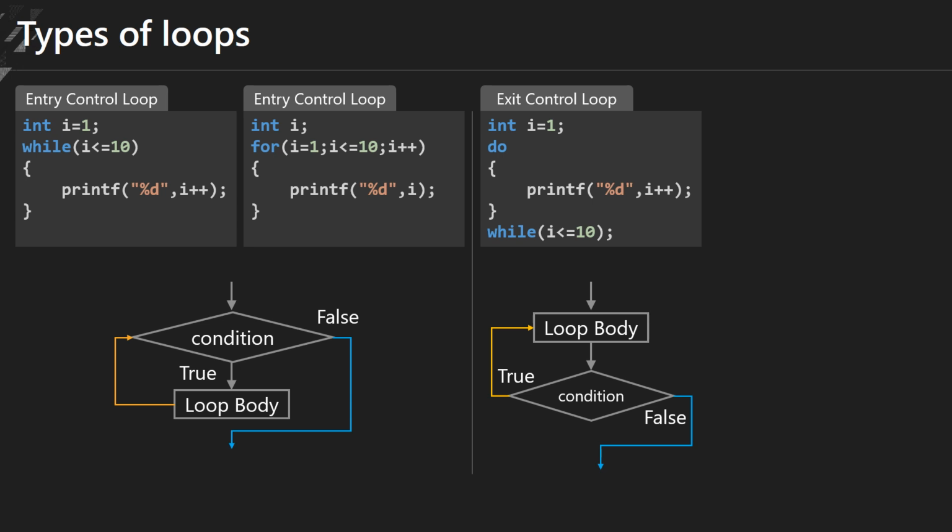Look at this. The loop body will be executed first, then it will check the condition. If the condition is true, it will come back and execute again. Here the flow chart is not the same; both are different. Here, the body of the loop is executed at least once before checking the condition in the do while.